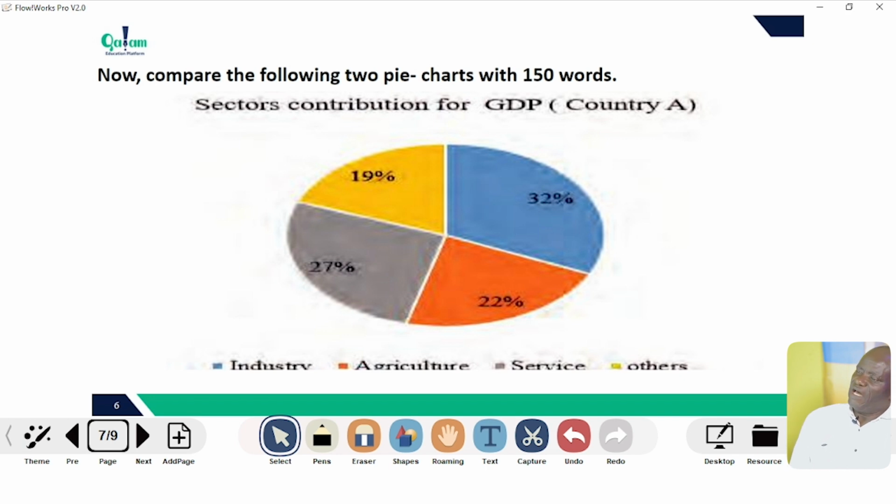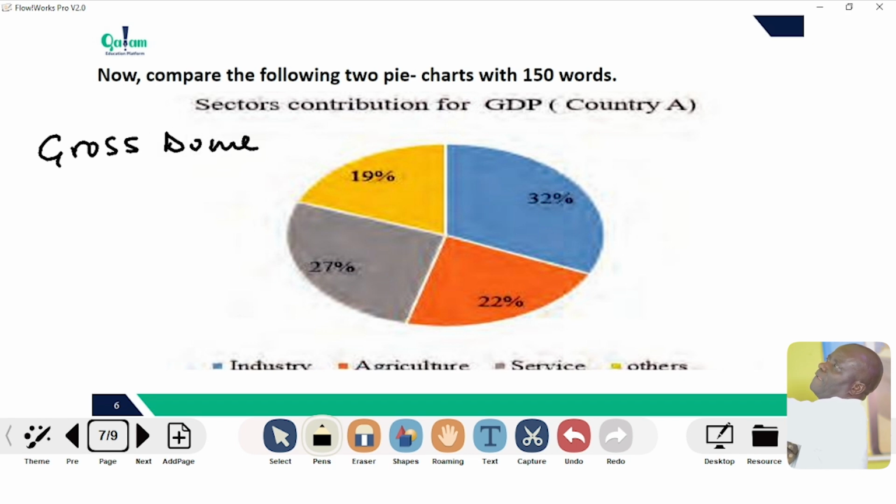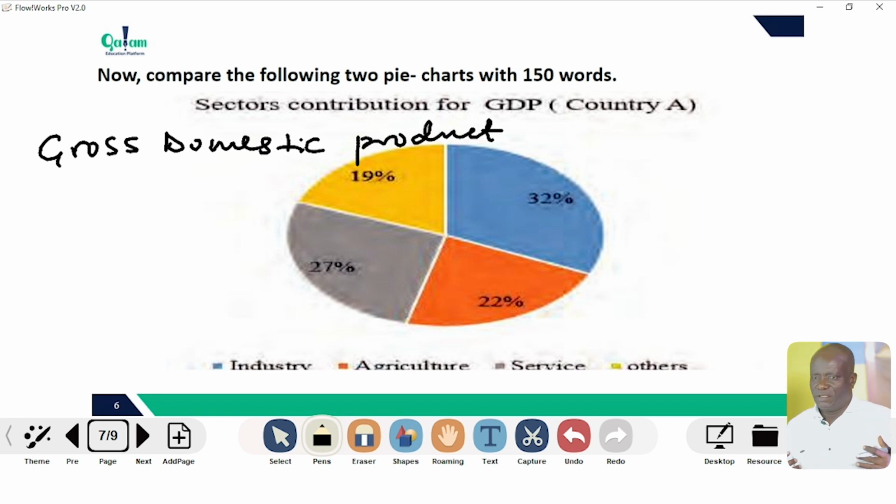So here they are showing sectors contribution for GDP for country A. GDP stands for gross domestic product. This is what all sectors of economy of a country produce in 1 year. That is what we call gross domestic product.